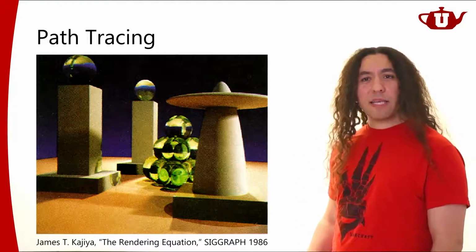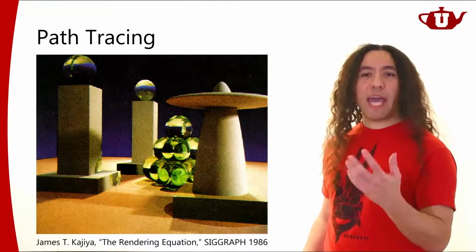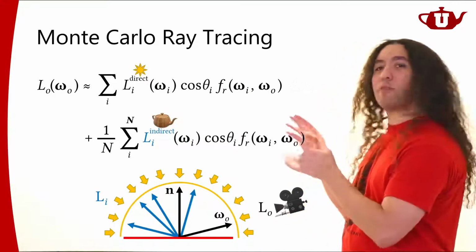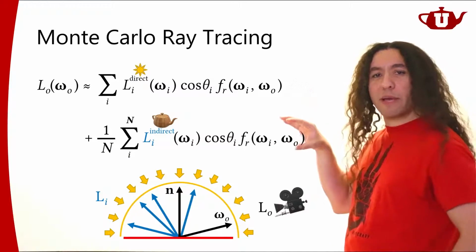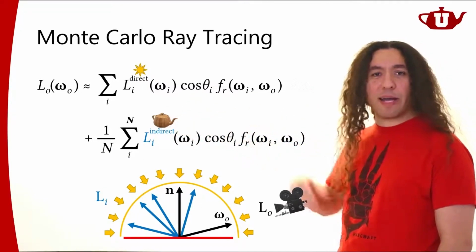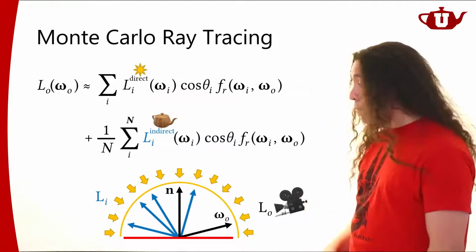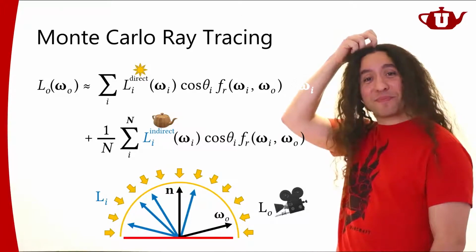Path tracing can be thought of as a special case of Monte Carlo ray tracing. So this is the Monte Carlo ray tracing setup, right? Indirect illumination is approximated as a sum of a finite number of samples. For path tracing, what you need to do is very, very simple.